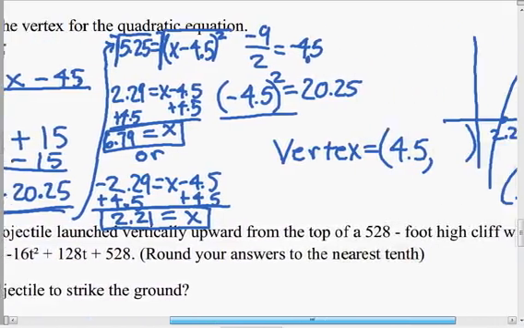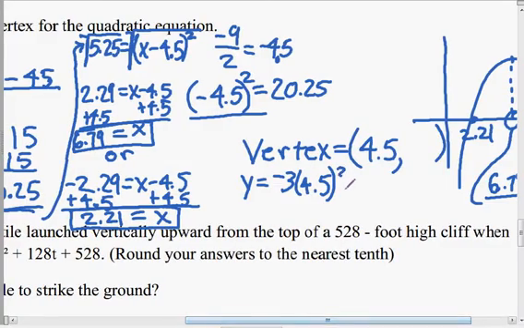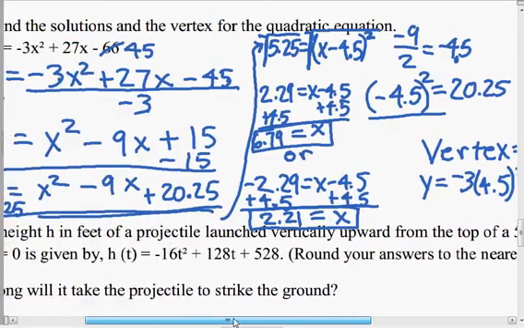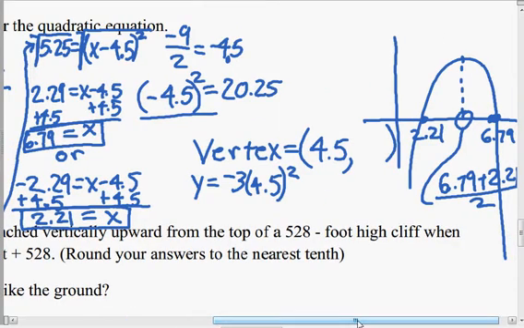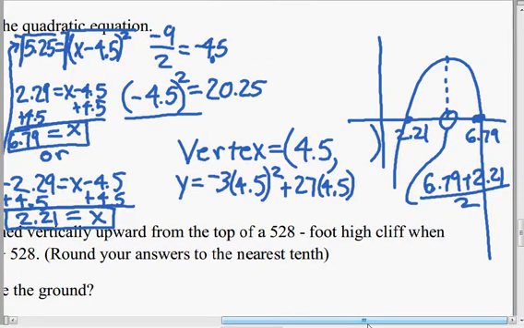So I go back to my original equation. y equals -3 times 4.5 squared plus 27 times 4.5 minus 45.